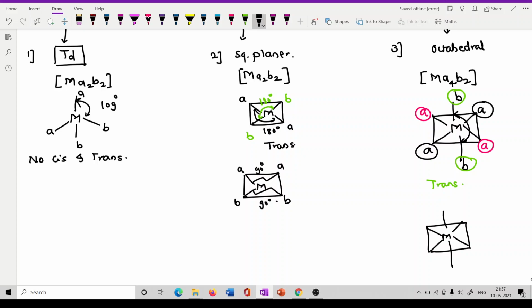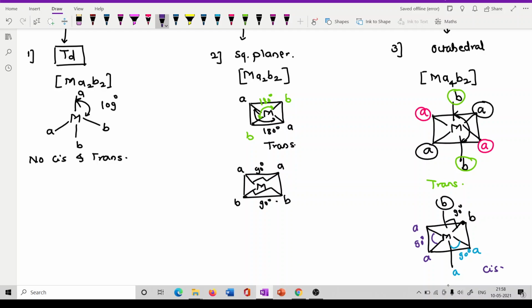If this is my B, and I take another B adjacent to it, the bond angle becomes 90 degrees. Similarly, the A bond angle is 90 degrees, and this A, this A, the bond angle is 90 degrees. So these are my cis isomers.